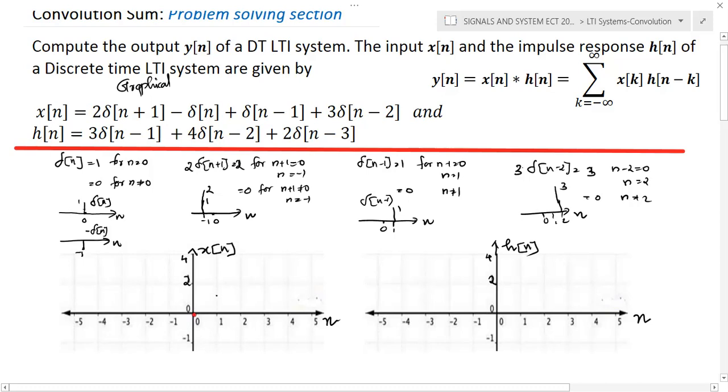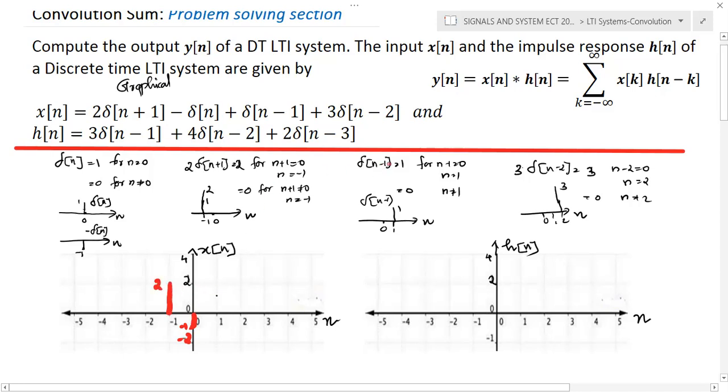which exists in the negative axis. So it will be minus 1. At n equal to 0, there exists a signal which is known as minus del of n. And at n plus 1 or at n equal to minus 1 exists a signal which is known as 2 del of n plus 1. So this is a signal.